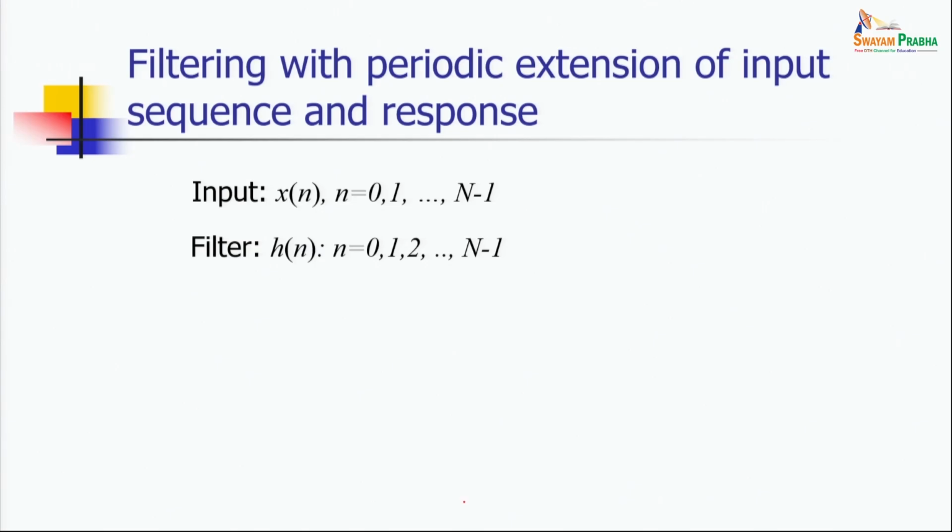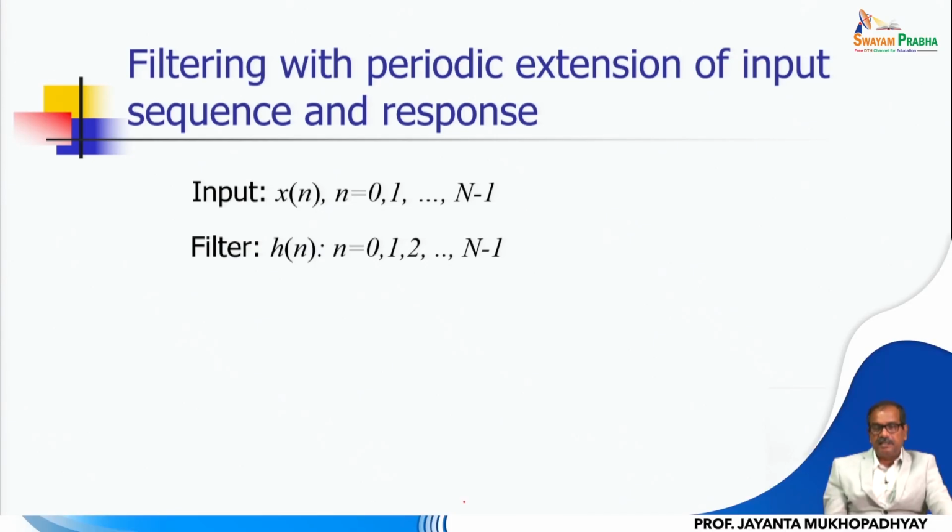As I mentioned, it is not necessary that it has to be padded, but you can consider another scenario where your input is periodically repeating. So it becomes a periodic sequence. Similarly, your impulse response is also periodically repeating, and incidentally they are of the same period, otherwise there will be a problem.